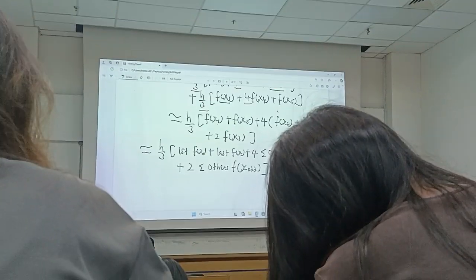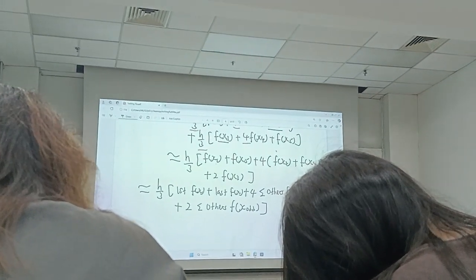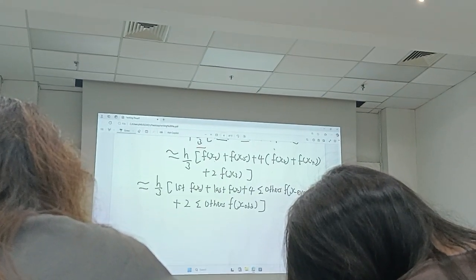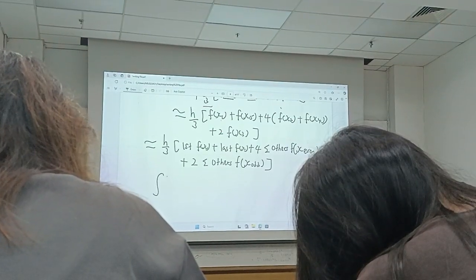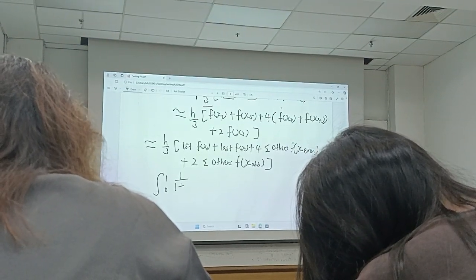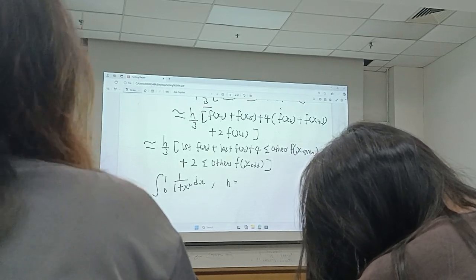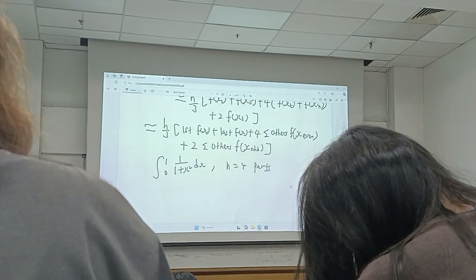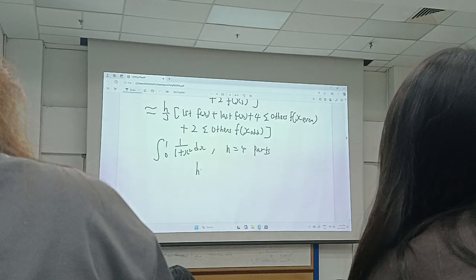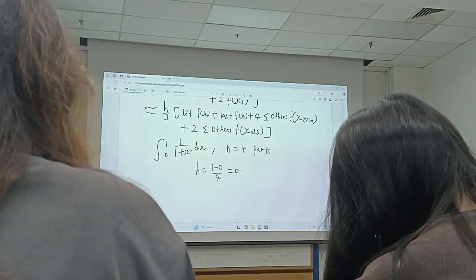Okay, so let's go through the example again. Just now the example. Now we apply the Simpson rule. This example. So divide into 4 parts. So h equal to 1 minus 0 divided by 4 equal to 0.25, right?